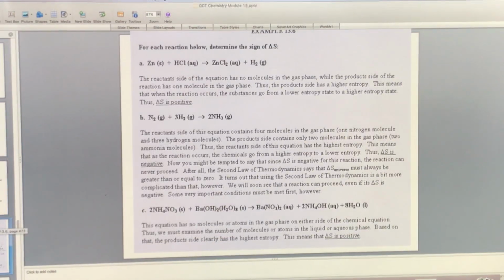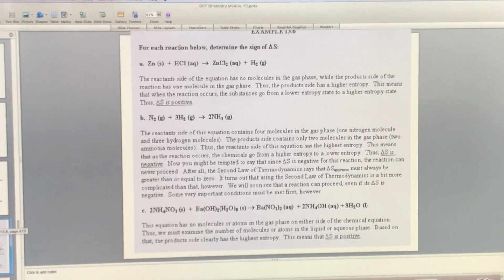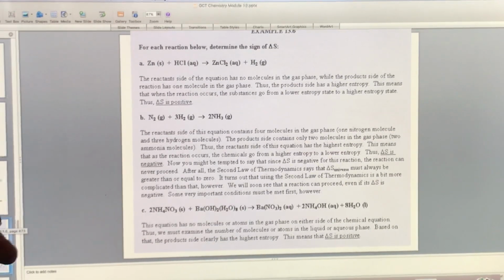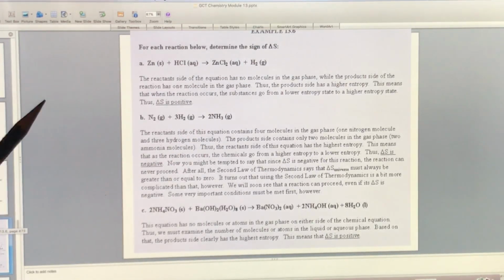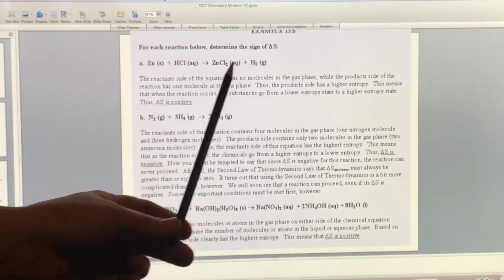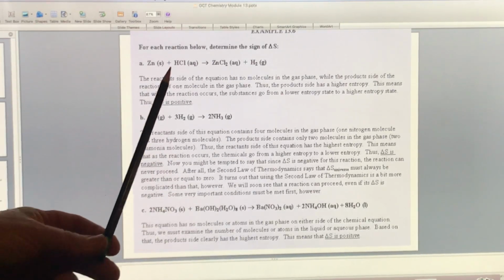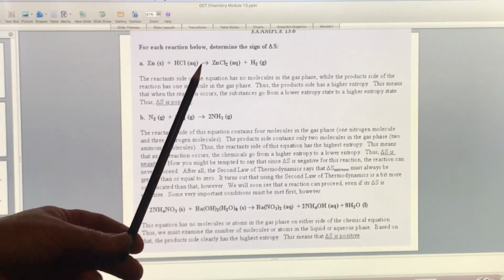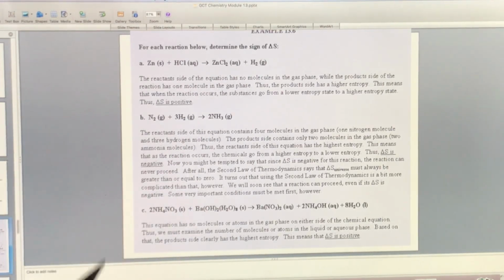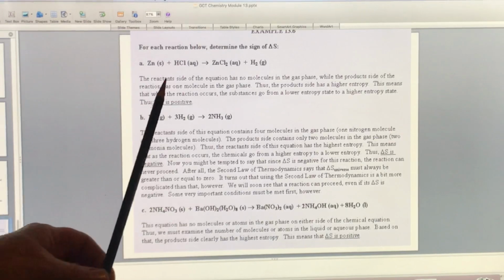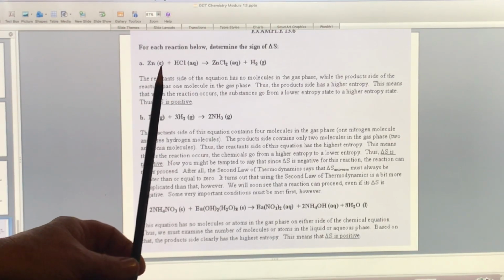So let's look at some specific equations and see if we can determine the sign of the delta S. In this equation here, the zinc plus the hydrochloric acid forming zinc chloride plus hydrogen gas, we look at the different phases of matter.